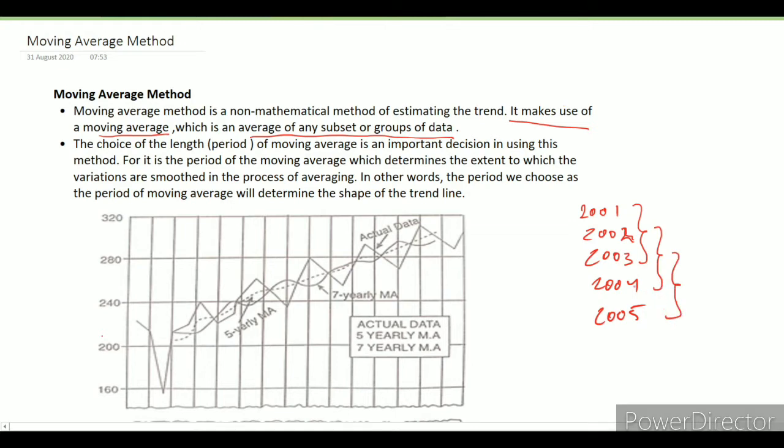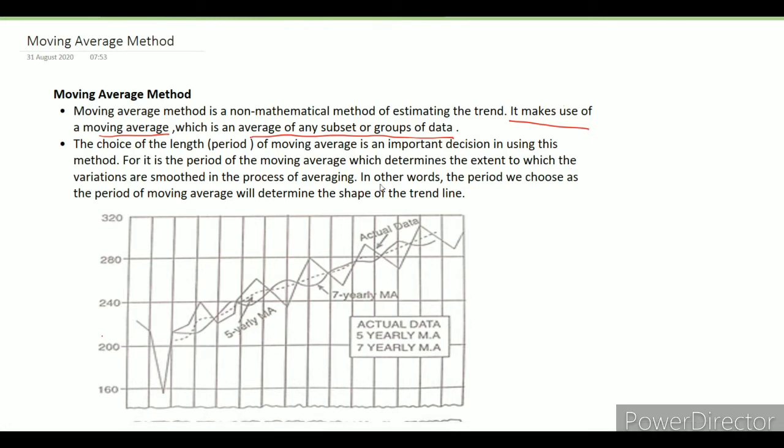Whereas if you're using a moving average of 5 years, we'll take the average of these 5 years, then the next 5 years, and so on. The choice of the moving period is important because that will determine the trend values.